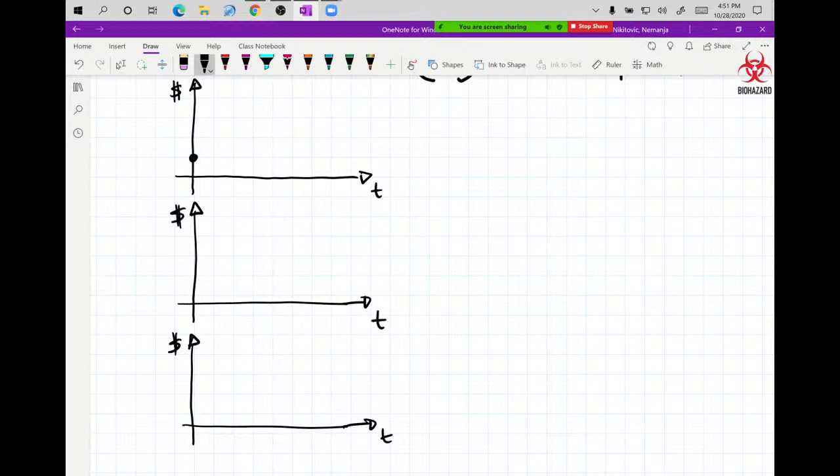They all start at the same value, say a $10,000 investment, and they will all have different shapes. I'm going to have a shape like this, a shape like this, and a shape like this.